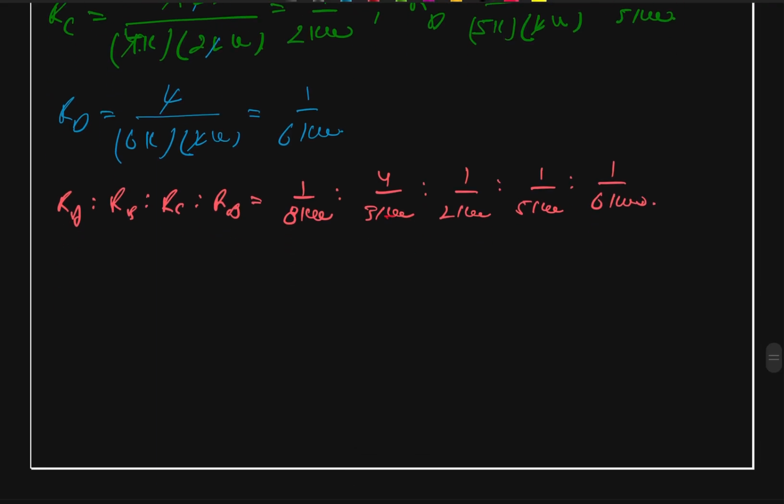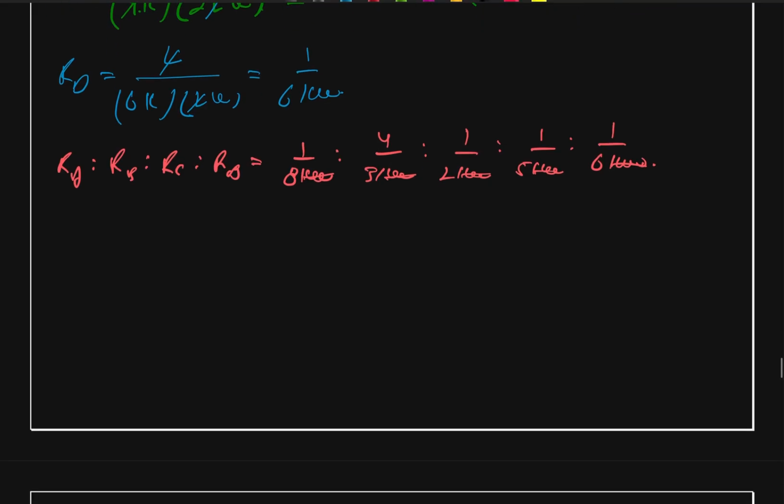So this KW cancels out, so this comes as 1 upon 8, 4 upon 3, 1 upon 2, 1 upon 5, and 1 upon 6.